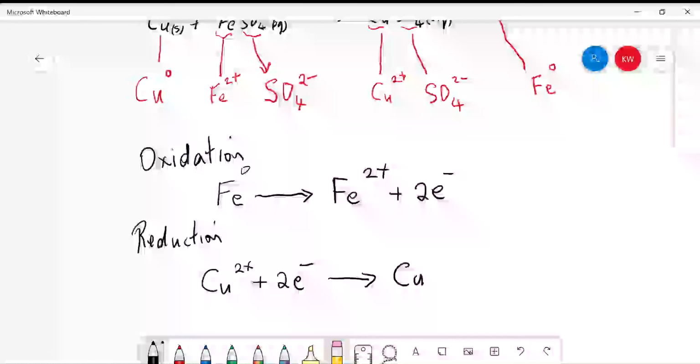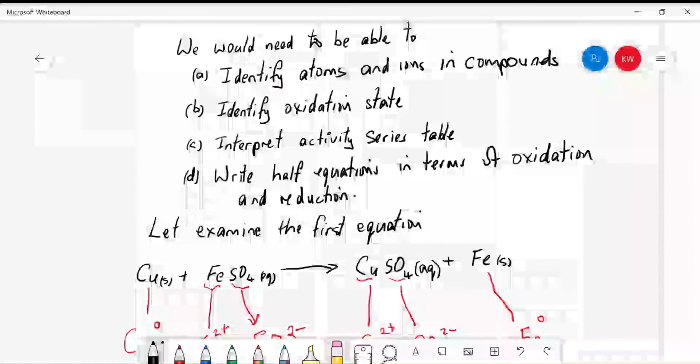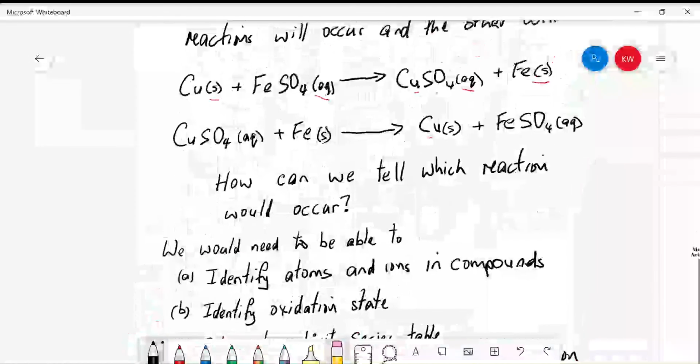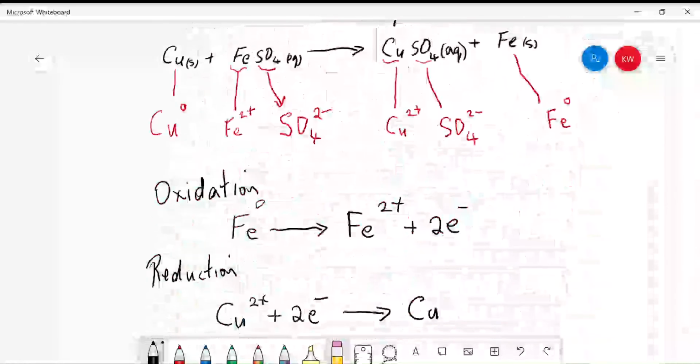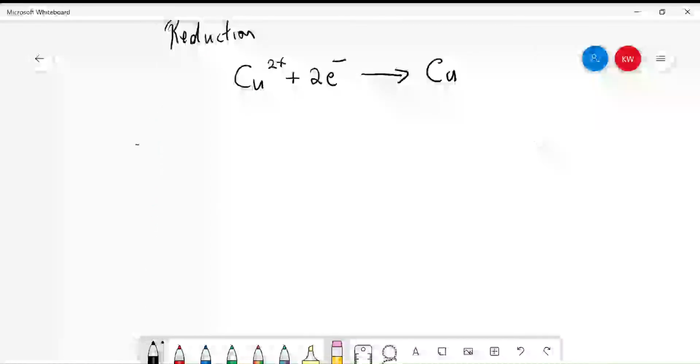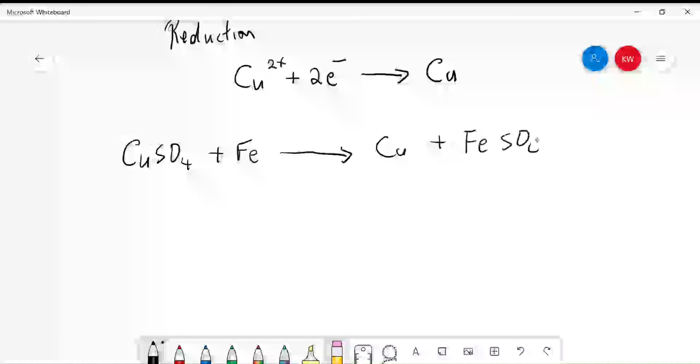So let's look at the second equation we have. We have copper sulfate reacting with iron to give copper and iron sulfate. So let's try this. Copper sulfate reacting with iron to produce copper plus iron sulfate.